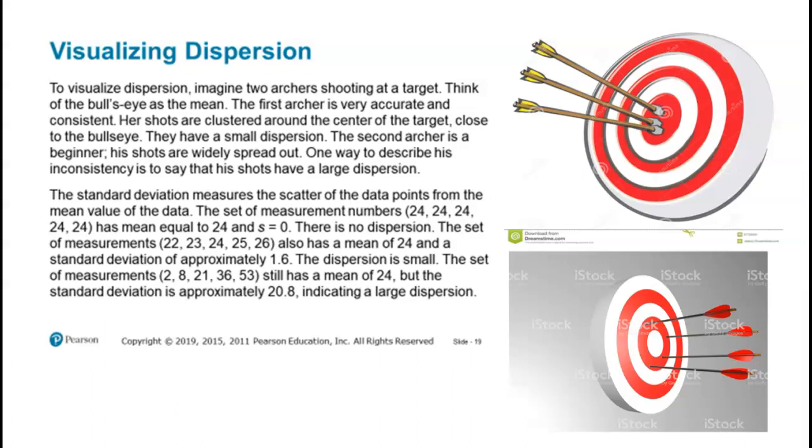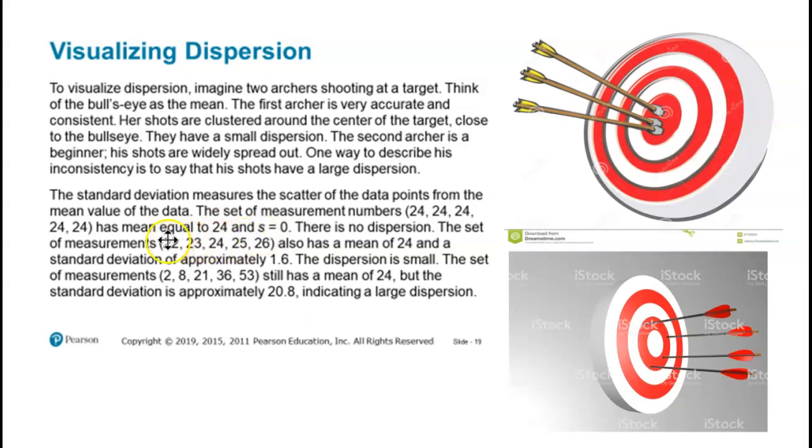Take a look at this set of numbers. If I add 24, 24, 24, 24, 24 and divide by 5, I have a mean of 24, and the standard deviation is 0, because there's no dispersion. They're all the same.